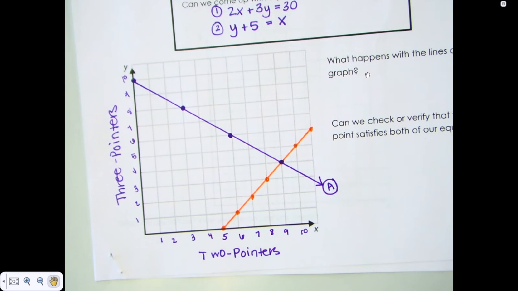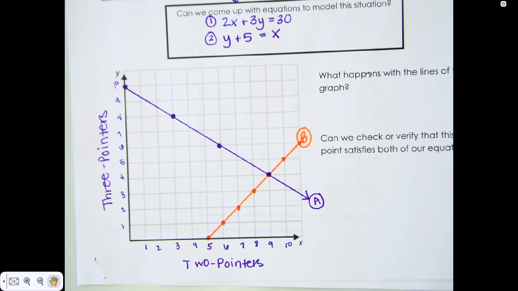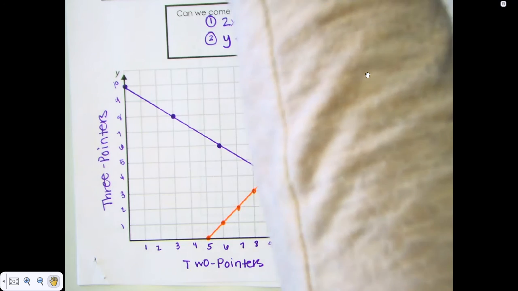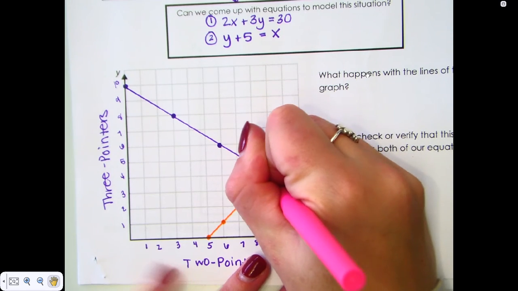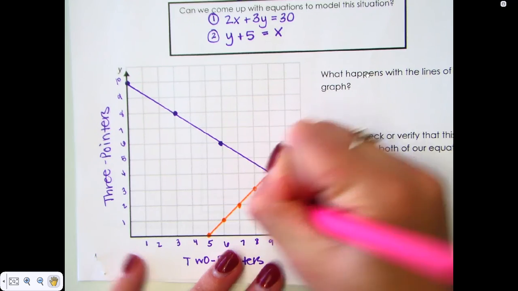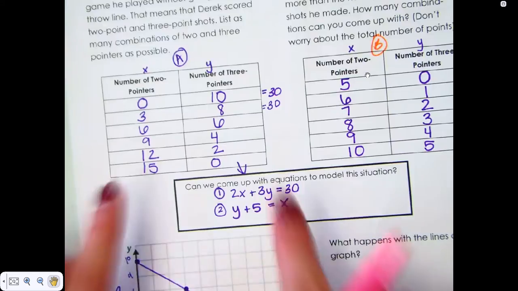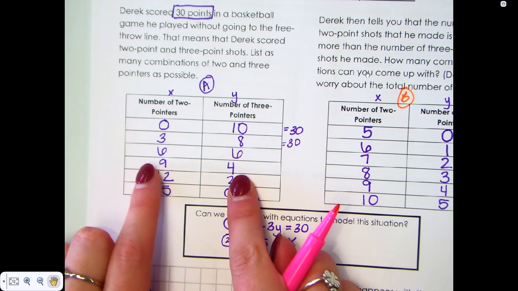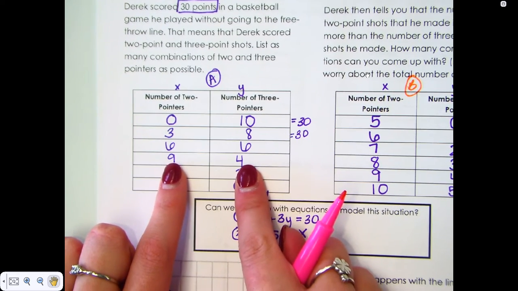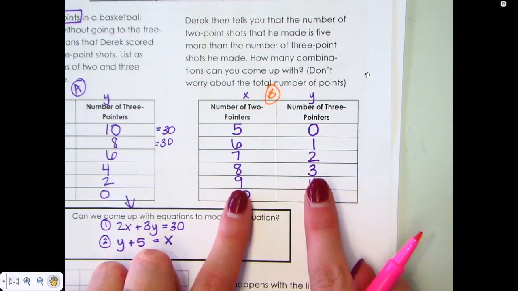Okay? All right, so if you notice, what happens when these lines are graphed on the same plane? You might notice that they meet in the middle here. So this is a special point, and this is when our lines or our situations are the same. Okay, so if you notice, he scores 30 points when he does 9 2-pointers and 4 3-pointers, and he also has 5 more 2-pointers than 3-pointers in this scenario.